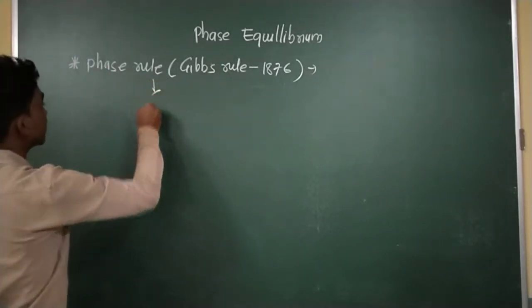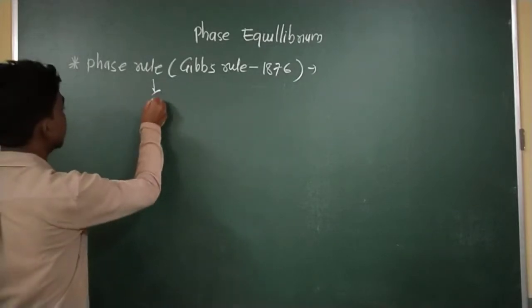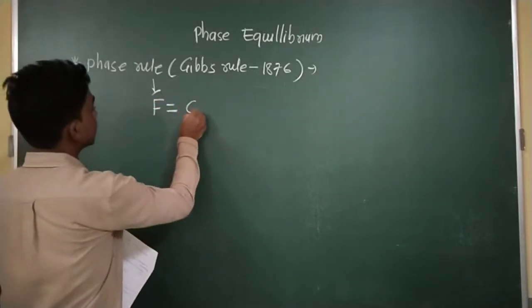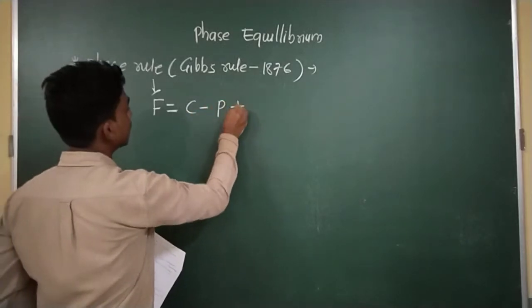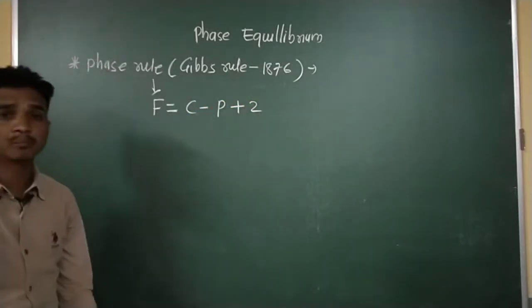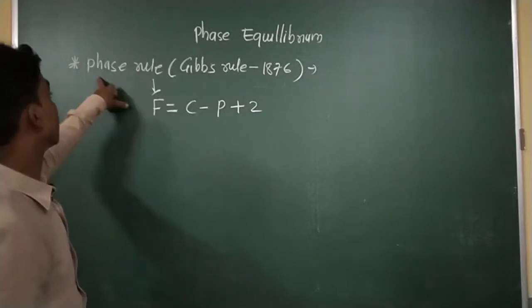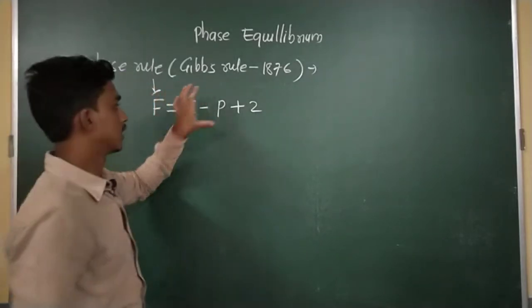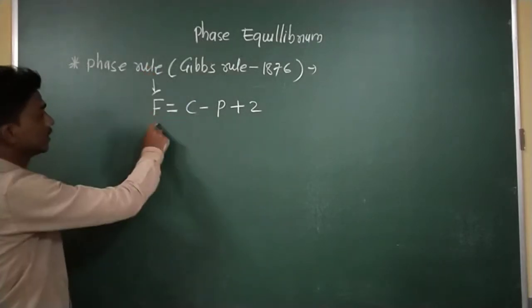We can express this rule mathematically: F = C - P + 2. This is the simple mathematical expression of the phase rule. It is a very simple and easy equation.